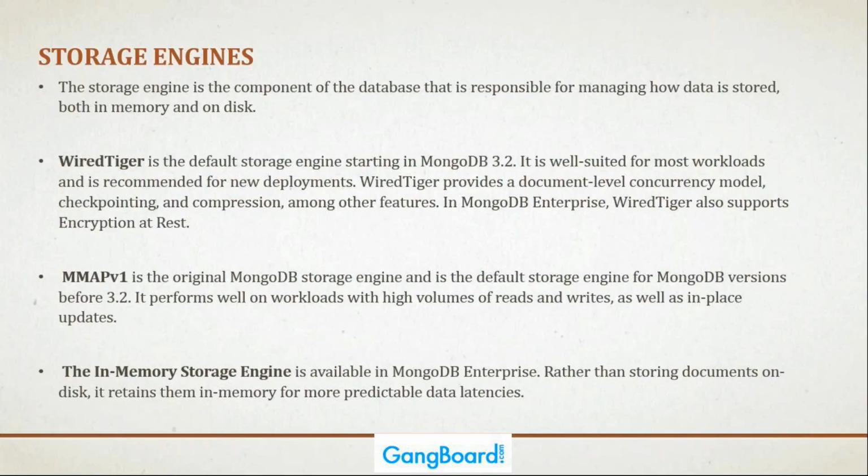So apart from compression, WiredTiger provides a document level concurrency model, that is document level locking. In MMAPv1, the locking is at the collection level, but in WiredTiger the locking is at the document level. The difference is, when you have locking at the collection level, let's say you are updating one document inside a collection.